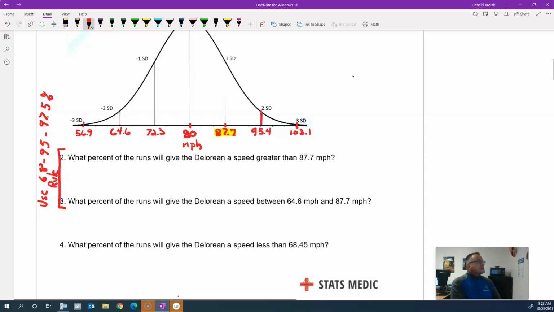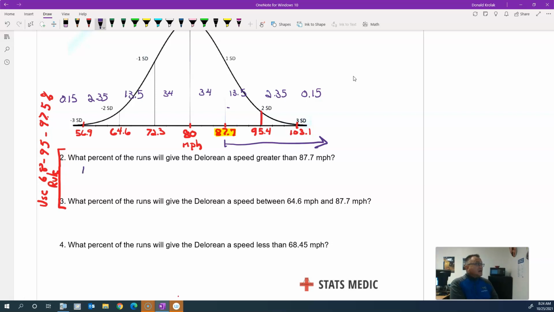Okay, all right, so up here we know this is 34, 34. So greater than 87, that would be from here over.